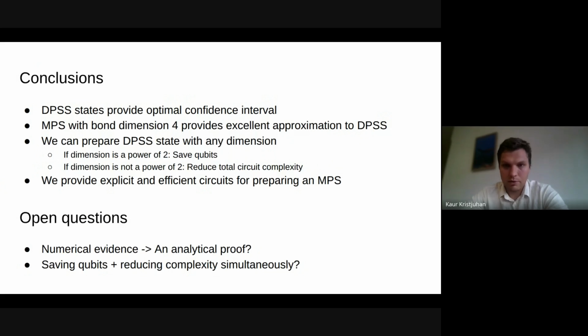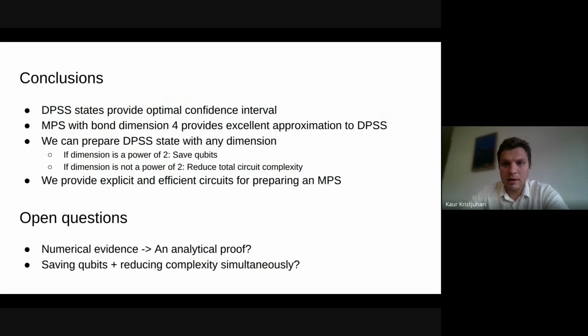Now, for future work or open questions, what remains is that we observed that these matrix product states are very good, but we provided mostly numerical evidence.